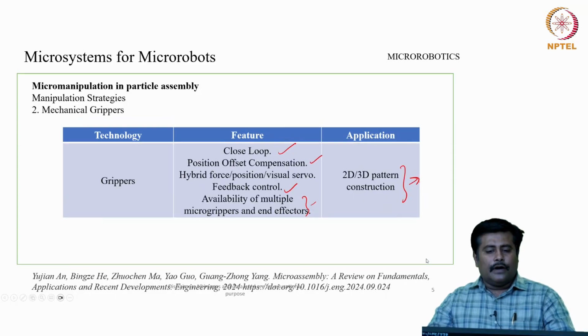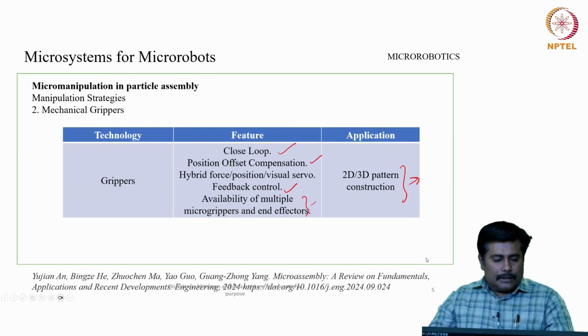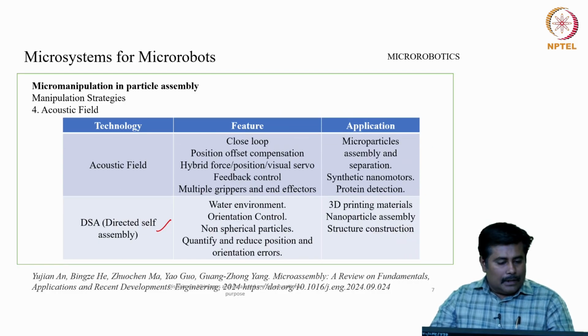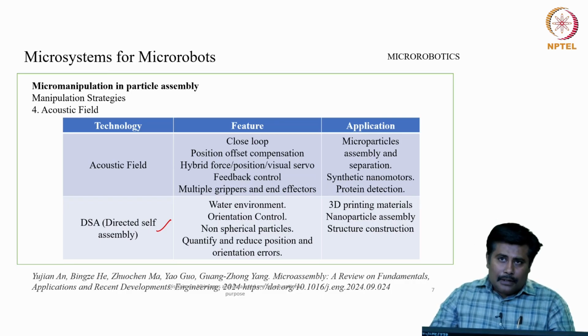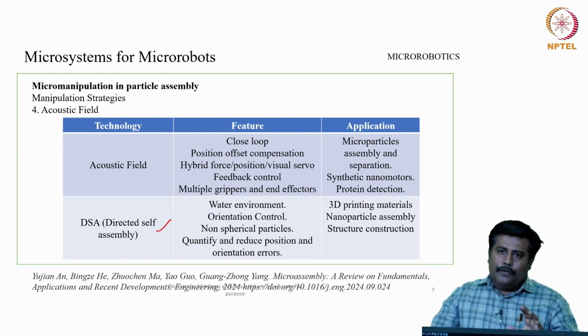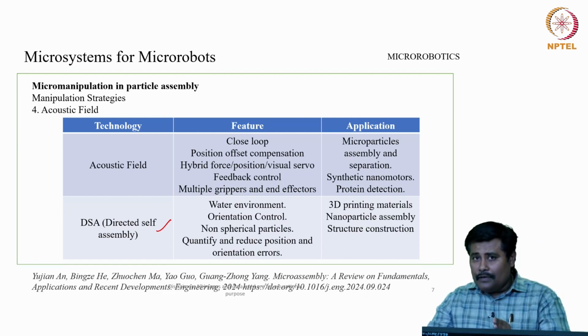We have studied the different methodologies which are involved in it, starting from a gripper, magnetic assembly, magnetic micro robots, grippers, light, optical tweezers, acoustic field and direct self assembly. In all these cases, there is going to be a magnetic field, or a kind of a field which exists.